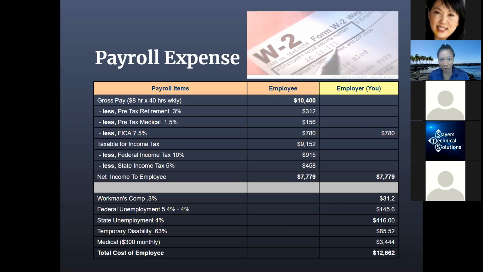It's the same darn thing. So if you add 7.5 on the employee side and 7.5 on the employer side, it's 15%. And that's why when you're self-employed, you pay 15%, because you don't have an employer paying your other half.